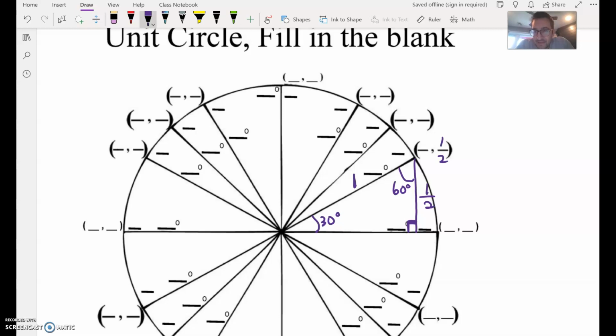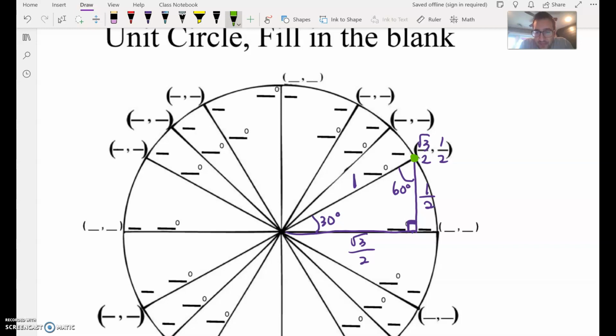Okay? And then the special right triangle relationships tell us that the longer leg right here is the square root of 3 times the shorter leg. And what is the square root of 3 times 1/2? That's where we get our square root of 3 over 2, and that's the horizontal coordinate. So this coordinate right here in lime green, I'm going to make it bold so you can see it, is the xy coordinate, root 3 over 2, comma 1/2.